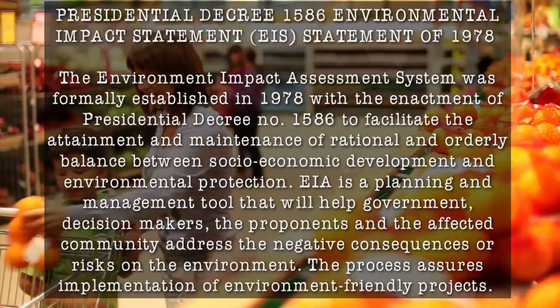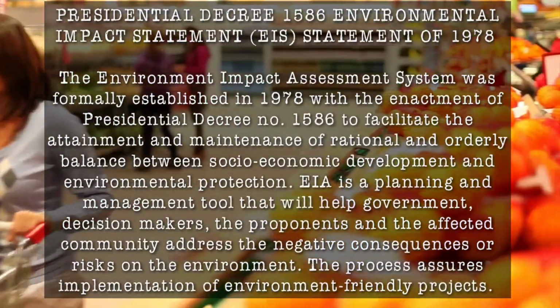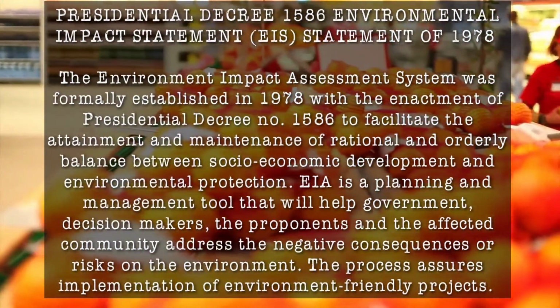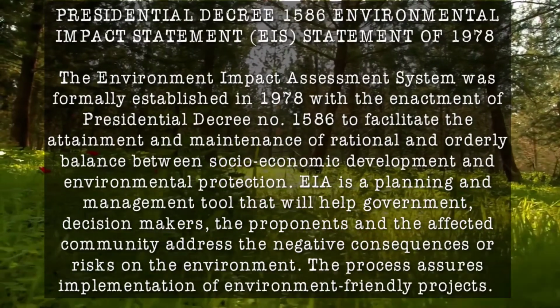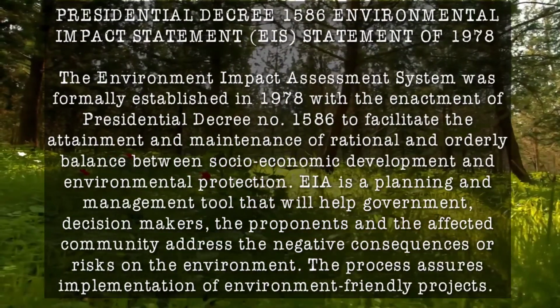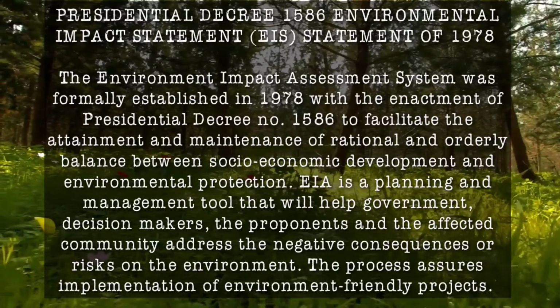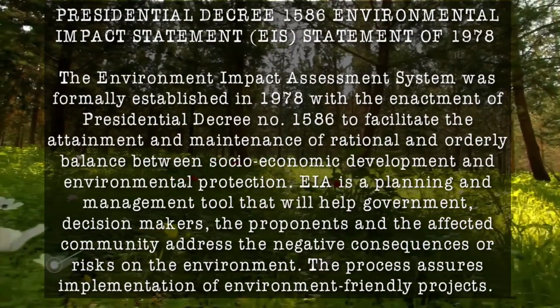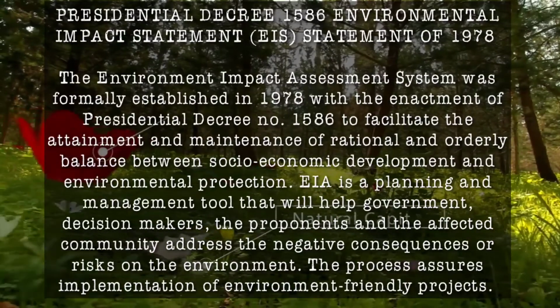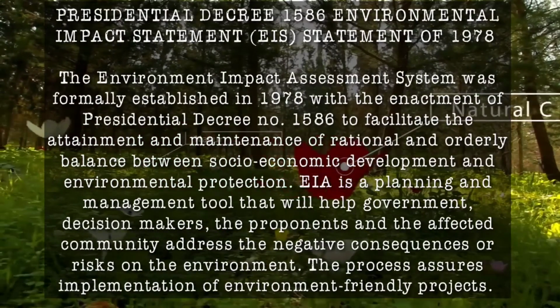Lastly, we have Presidential Decree 1586, Environmental Impact Statements or EIS Statement of 1978, that is firmly designed to support the major environmental acts that I said a while ago.